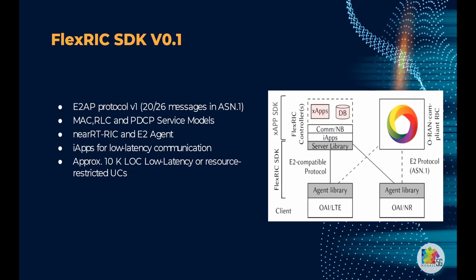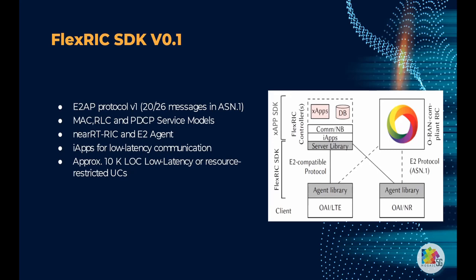So you see here the design we have, for instance, OAI LTE, OAI NR. We have the agent library that could come on both of them, and then you have a server library. It could interact with the O-RAN compliant RIC, or it could also interact with the Flex RIC. So both are possible.